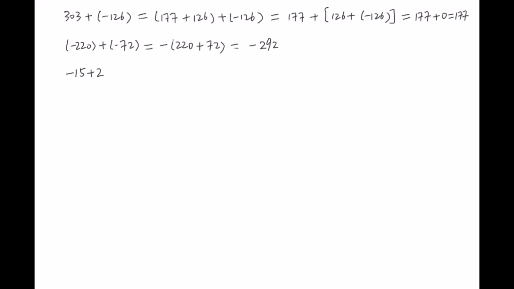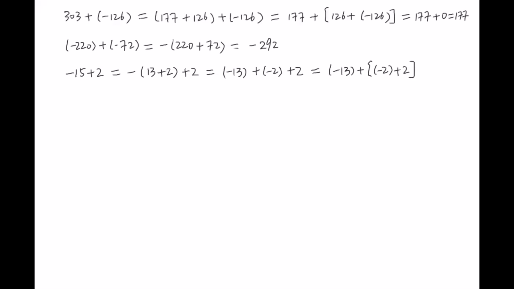Negative 15 plus 2 equals negative (13 plus 2) plus 2. Then we use the property of the opposite of a sum. So we can get negative 13 plus negative 2 plus 2. Then we group the last two terms together.